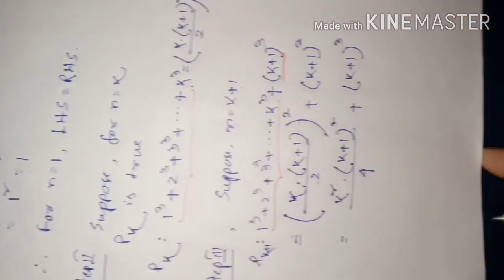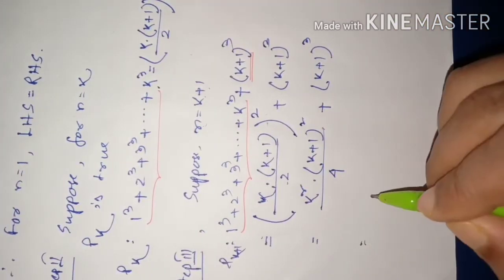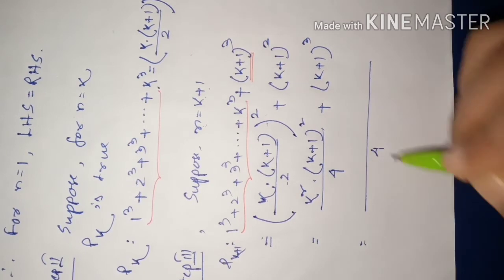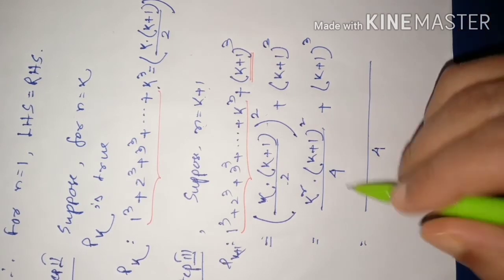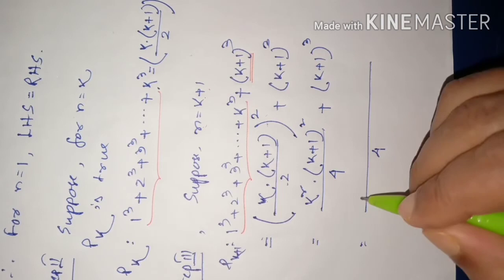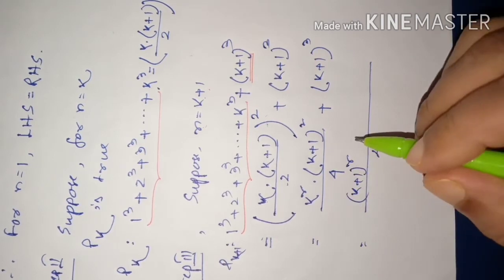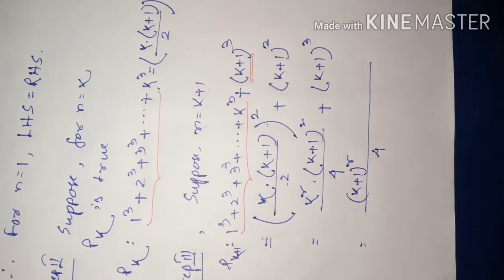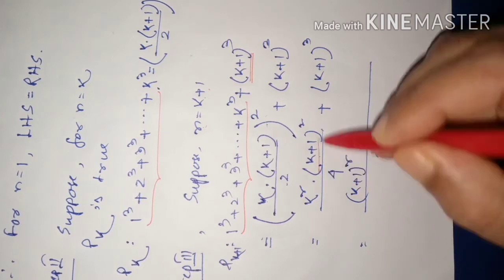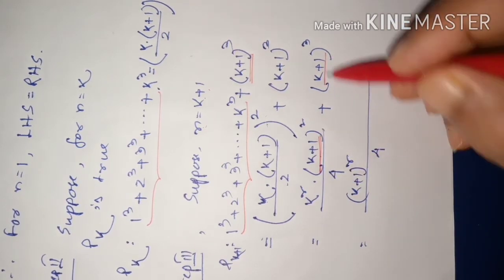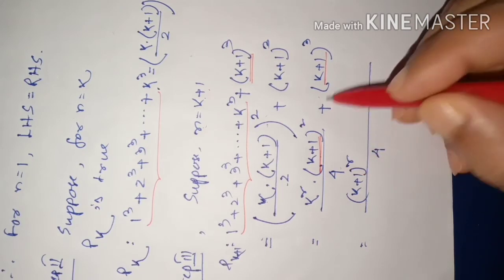If we take LCM, then it will be 4 here, 4 times k plus 1 whole cube. So k plus 1 whole square will be common, no? This is k plus 1, and here also k plus 1. This 4 will get multiplied.